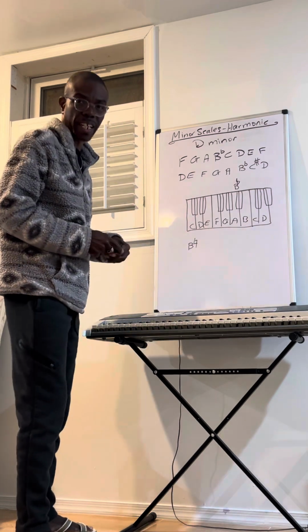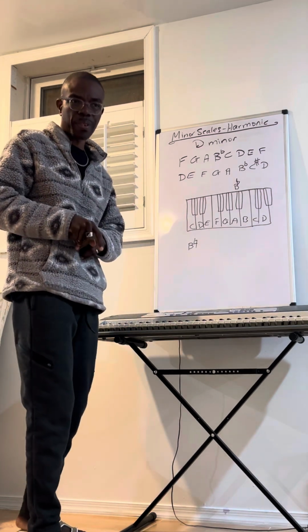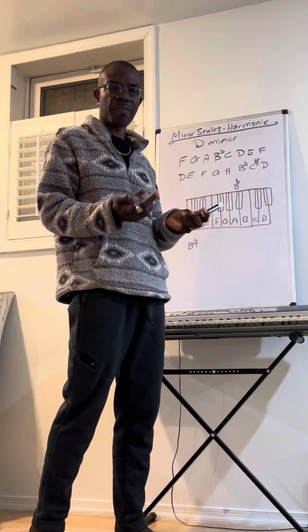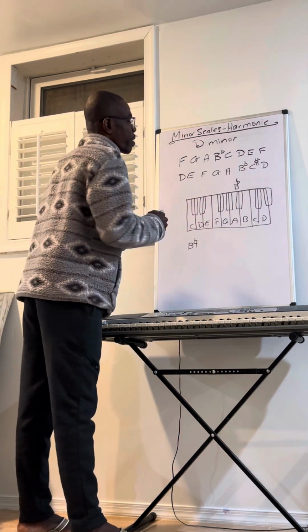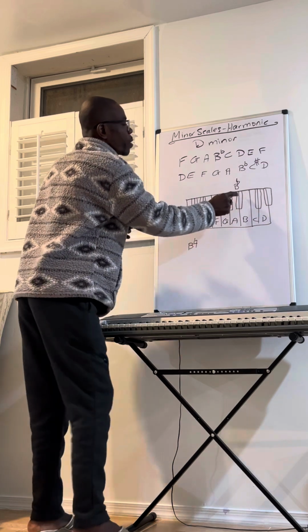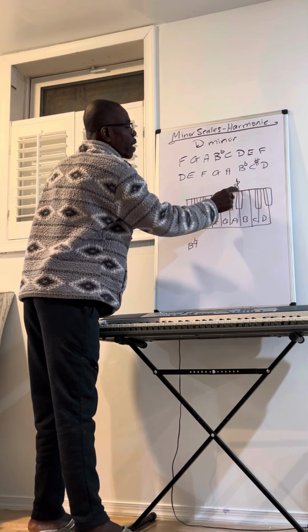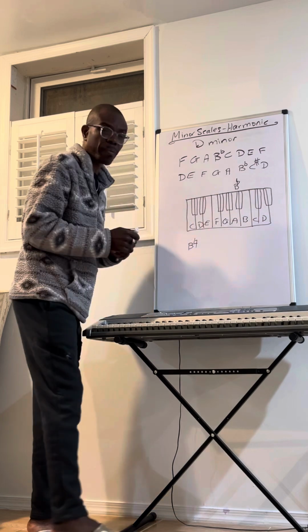Just bear that in mind, right? Just thought that I'd give you that, so that you don't think that when you hear raise the seventh note by a semitone, you put a sharp, right? Because if you put a sharp to B flat, then you would be going to B sharp, right?